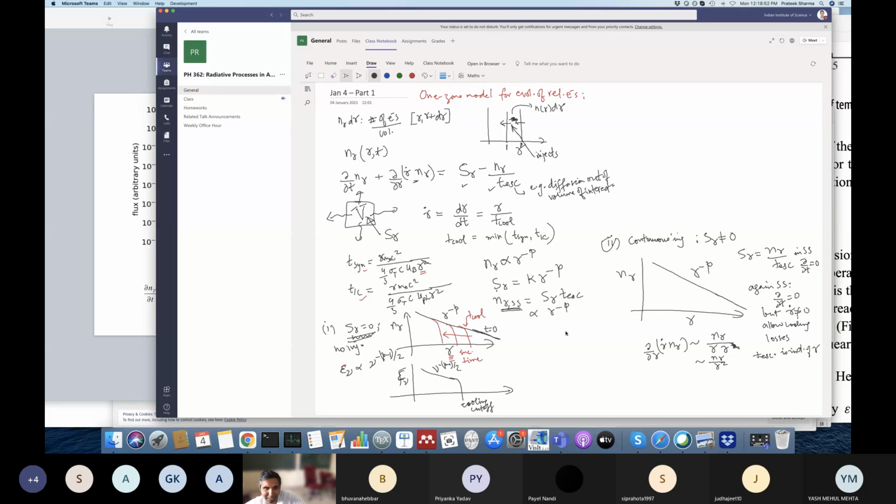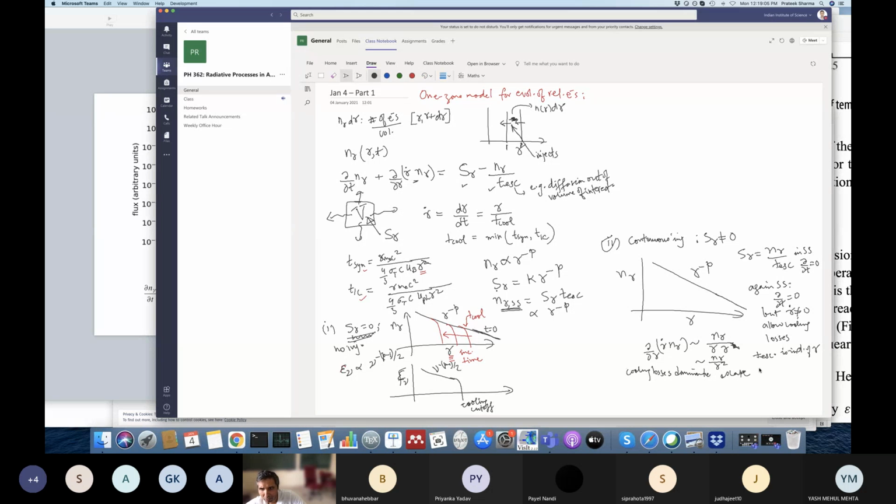So basically what it means is that the cooling losses dominate over escape for high gamma, high energy particles.